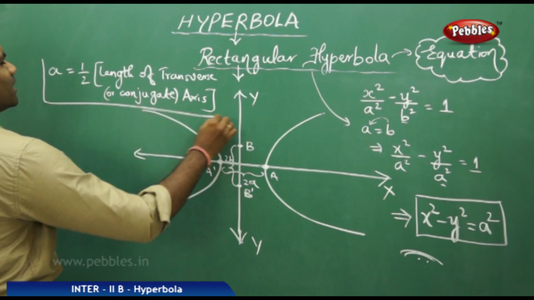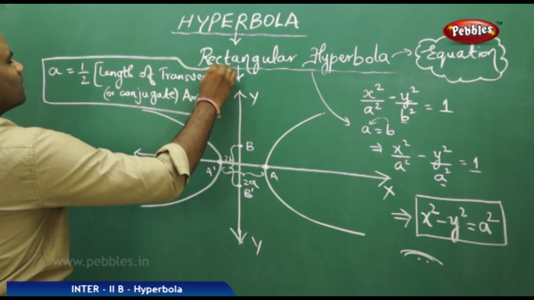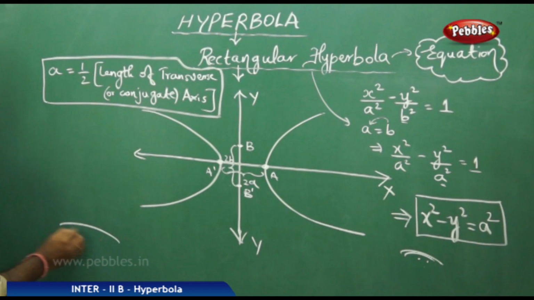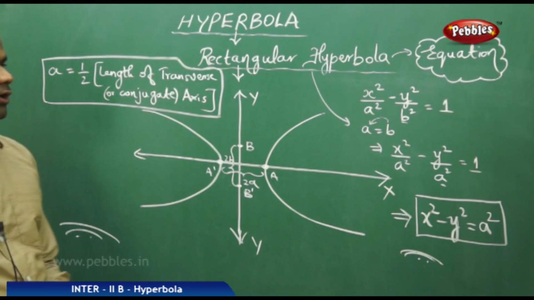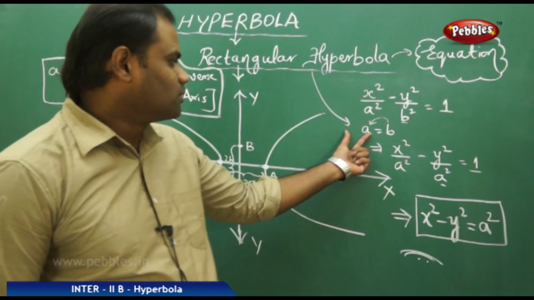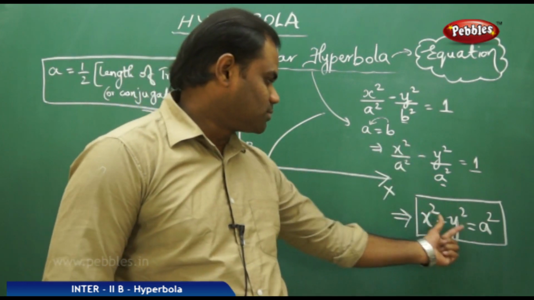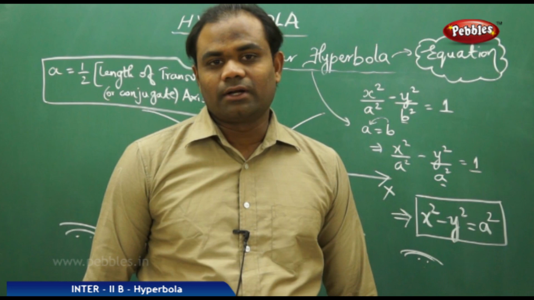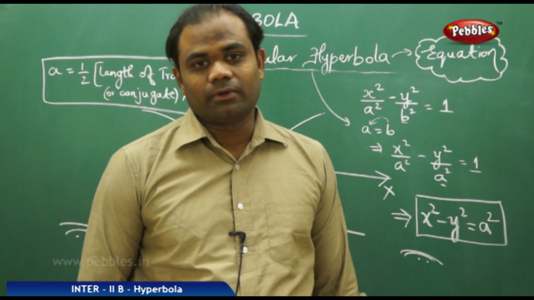Therefore, for a rectangular hyperbola, I only have A but not B, simply because A is equal to B. Substituted, it reduces to x squared minus y squared equal to A squared.